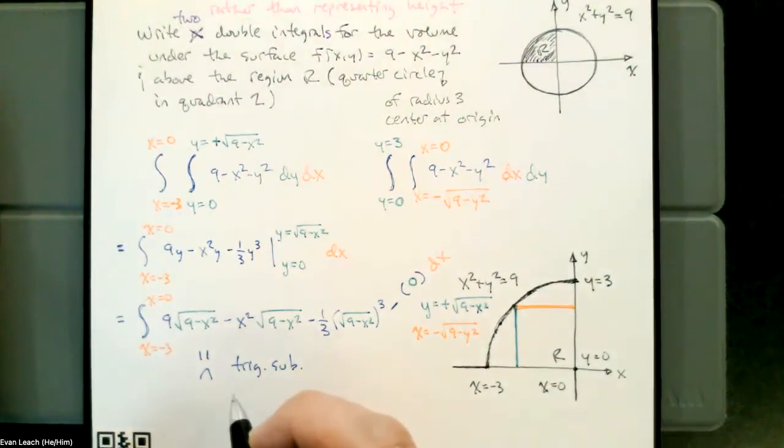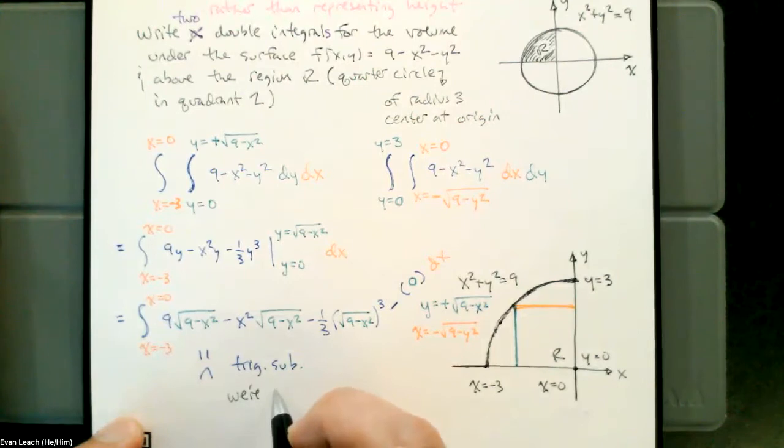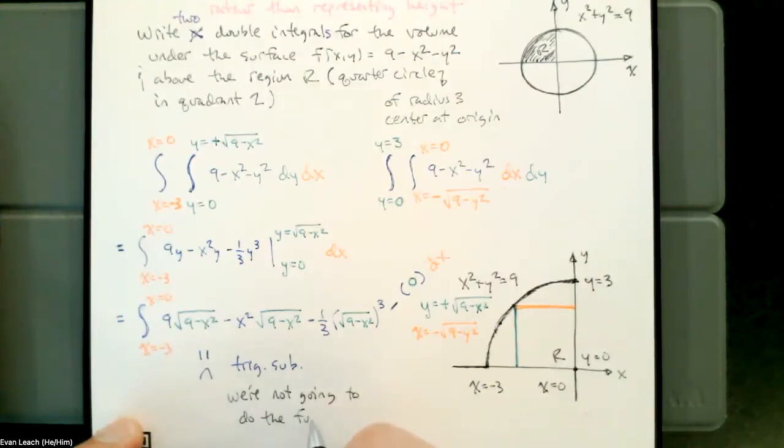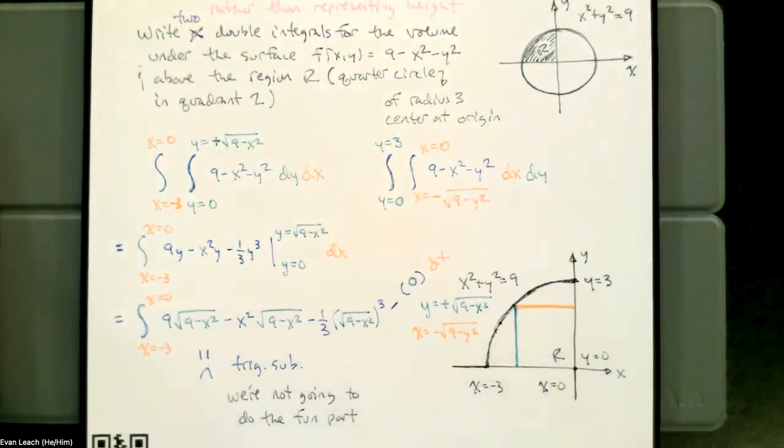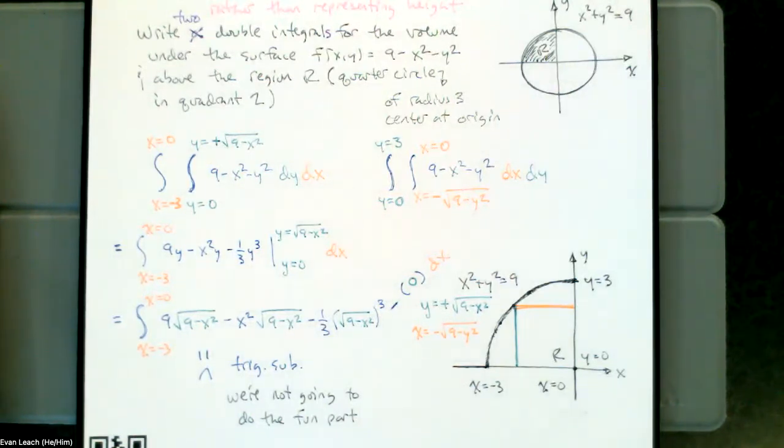So unfortunately for our students, we're not going to do the fun parts. The prosecution stipulates students have done trigonometric substitution before and, given enough time and motivation, would successfully be able to calculate this integral.